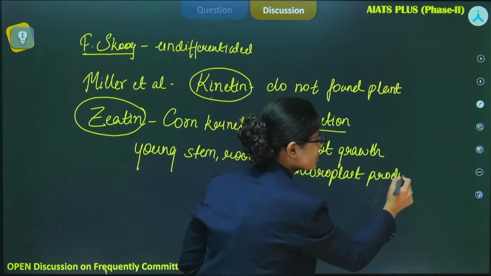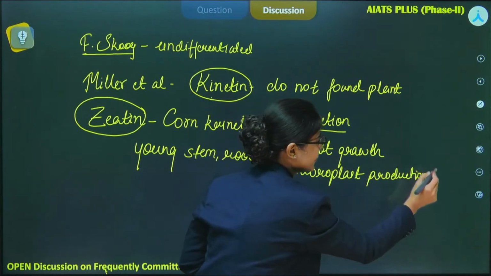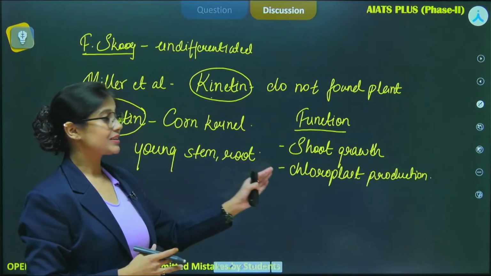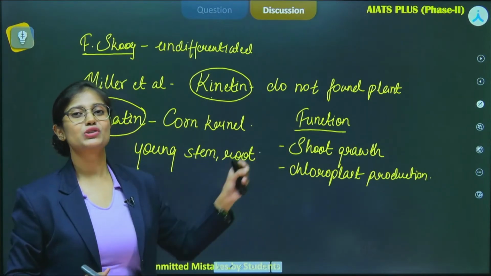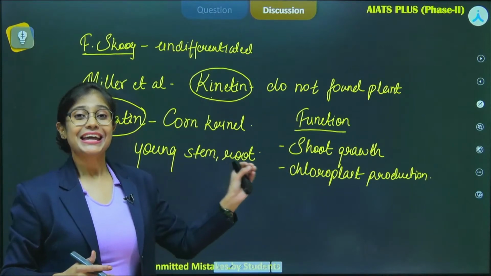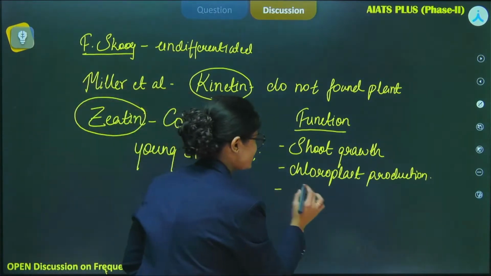And it is antagonistic to auxin with respect to apical dominance. That means it counteracts apical dominance.